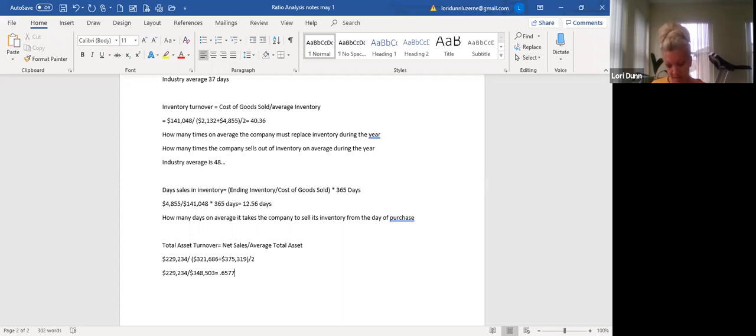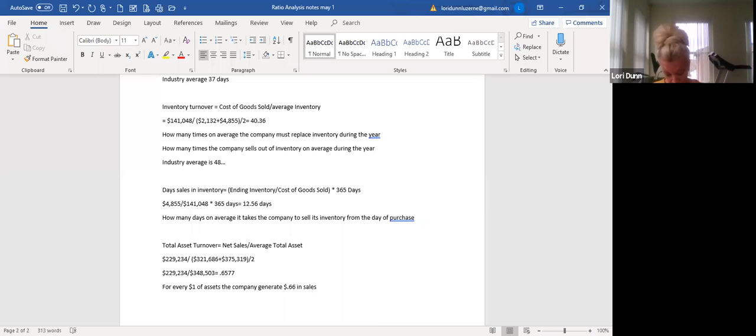So it's measuring on a dollar. So for every dollar of assets, the company generates, you could say, 66 cents in sales.